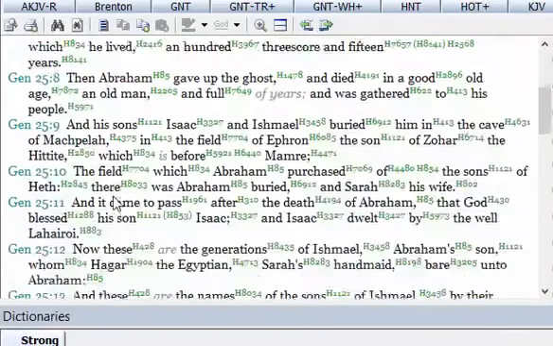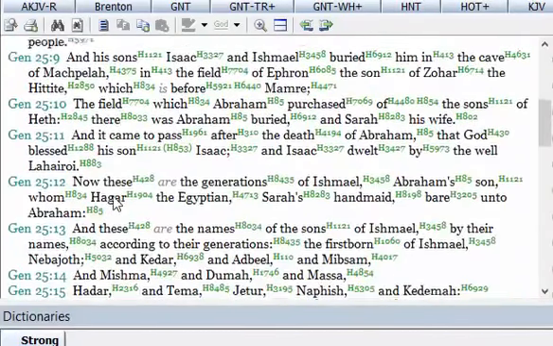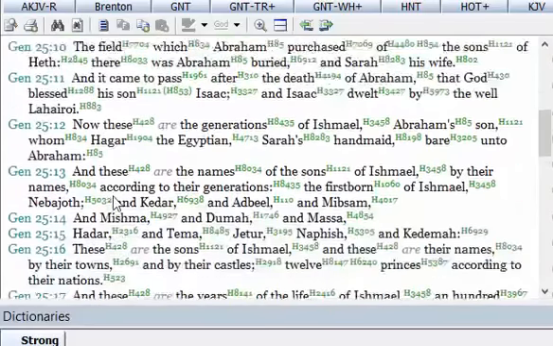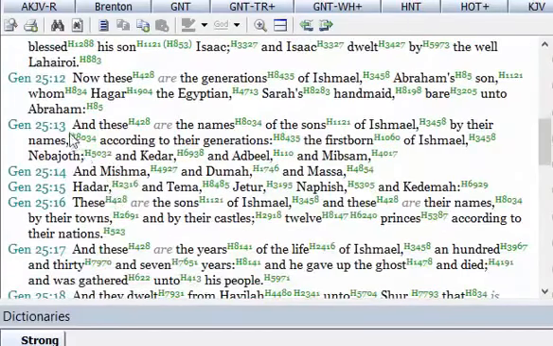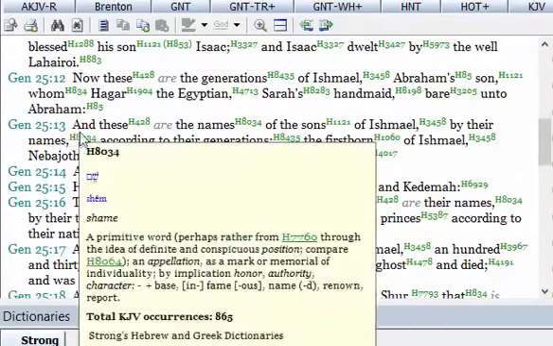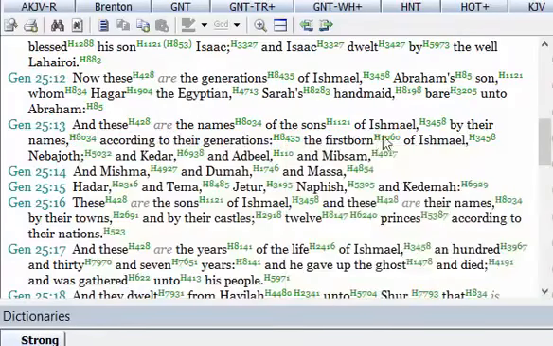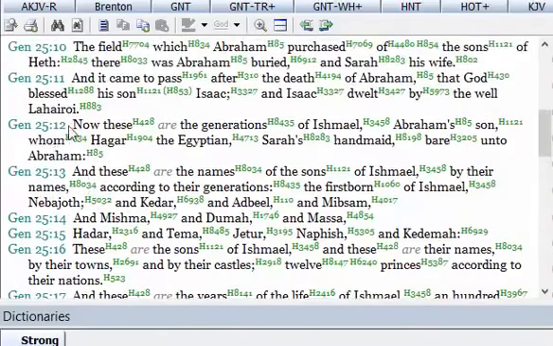I read a little above that because I want to get the point. Verse 13, Genesis 25:13, and these are the names of the sons of Ishmael by their names. I'm sorry, verse 12: Now these are the generations of Ishmael, Abraham's son, whom Hagar the Egyptian, Sarah's handmaid, bare unto Abraham.